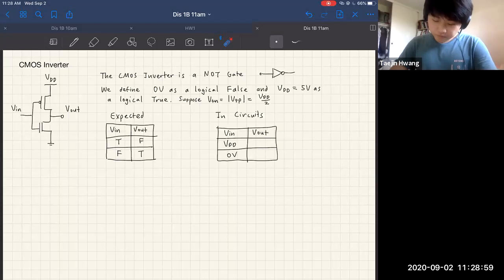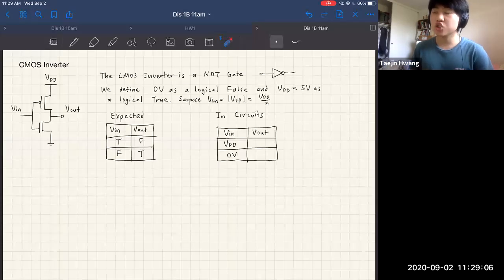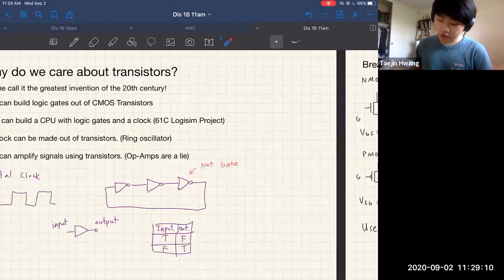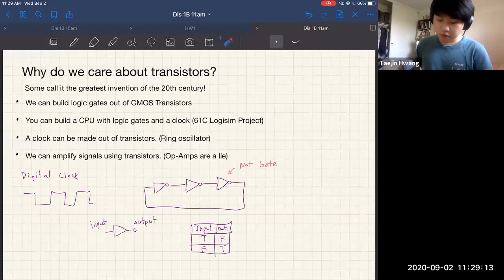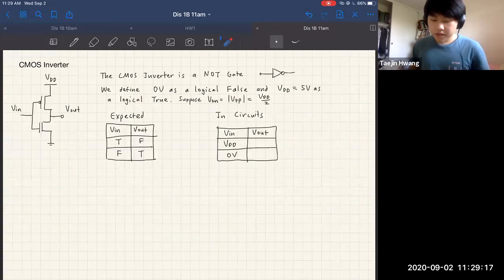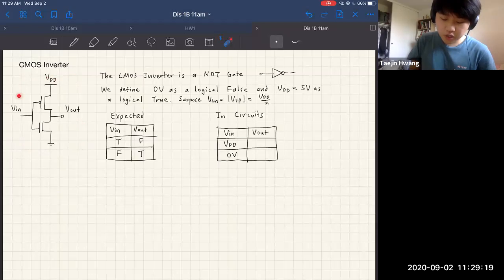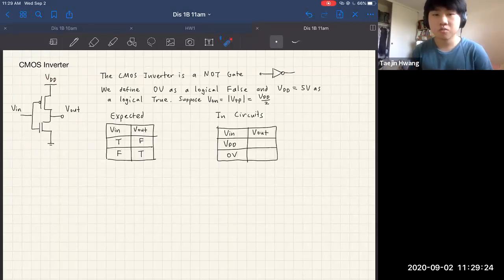All right, so one of the main fundamental building blocks in digital circuits is this NOT gate. We talked about the NOT gate earlier: if you input a true, you output a false, and if you input a false, you output a true. This inverter, the circuit diagram here, represents the NOT gate in circuits. You might ask, how do we encode true and false values into our circuit?